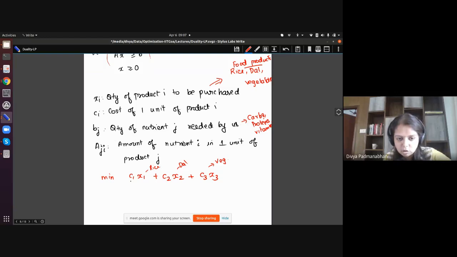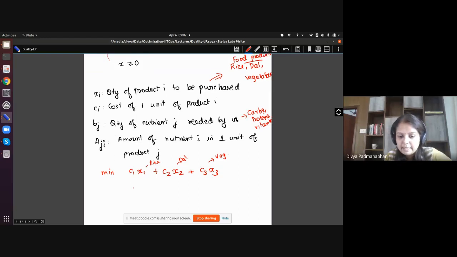Let's say a11 x1 is the amount of carbs in 1 unit of rice. The amount of carbs in 1 unit of dal is a12, and similarly the amount of carbs in 1 unit of vegetables is a13 x3. This is the total quantity of carbs you're going to get.